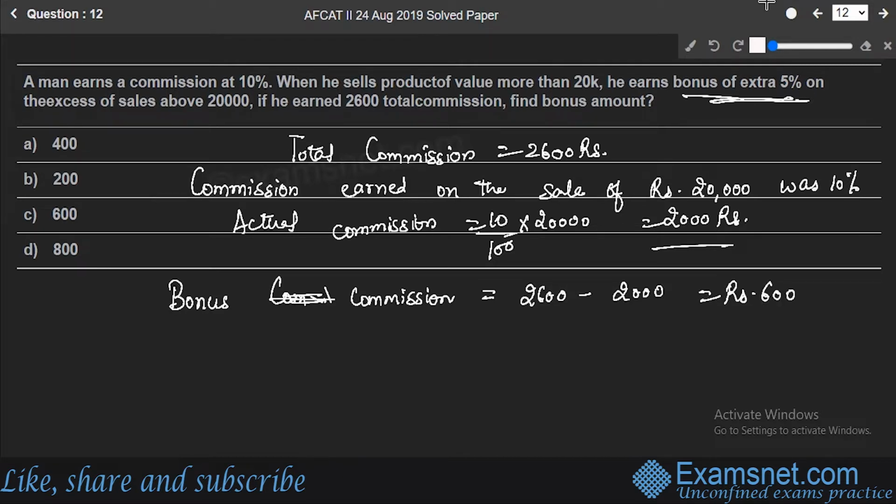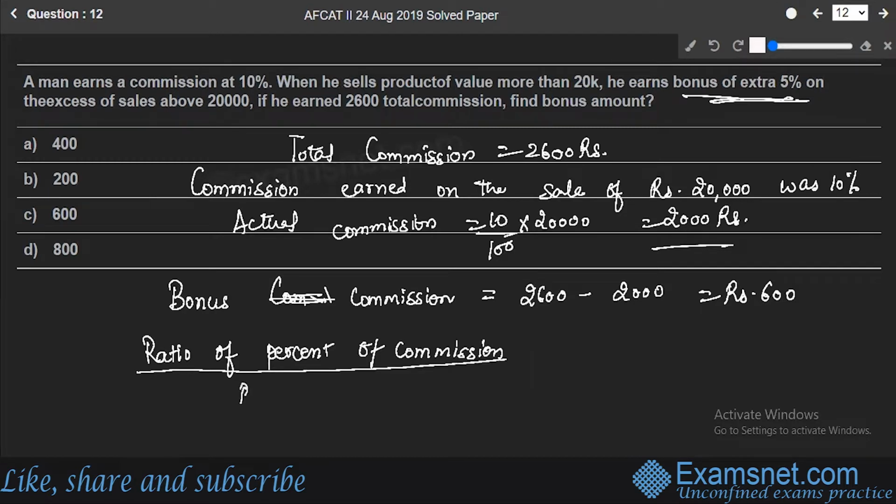Correct. Now the ratio of percent of commission divided by bonus percent is equal to 10% for his basic commission and 5% for the bonus commission.